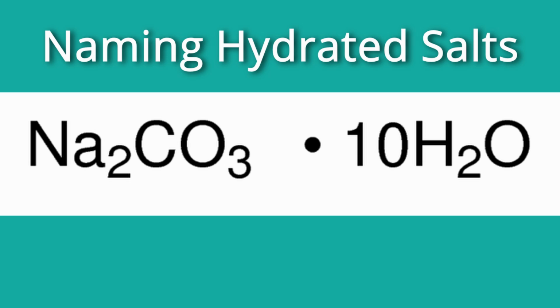So the way we name this is first we write it out as Na2CO3, which is sodium carbonate, and then we put a little dot, which just implies that they're together, and then we do 10 H2O. And the way we name this is just sodium carbonate, the name of the salt, decahydrate. The deca comes from the fact that there are 10 of them, and the hydrate is just implying that there's water, or that it's a hydrated salt.